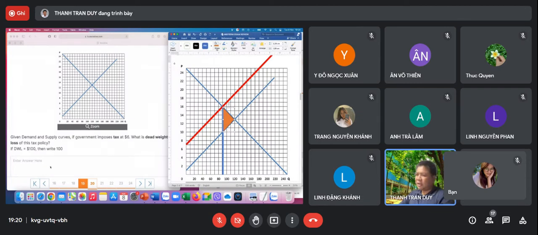Right. And this triangle, how can we calculate the value of this triangle? The base will be 1, 2, 3, 4, 5, 6, right? Multiplied by 30, divided by 2, right? Equal to how much?